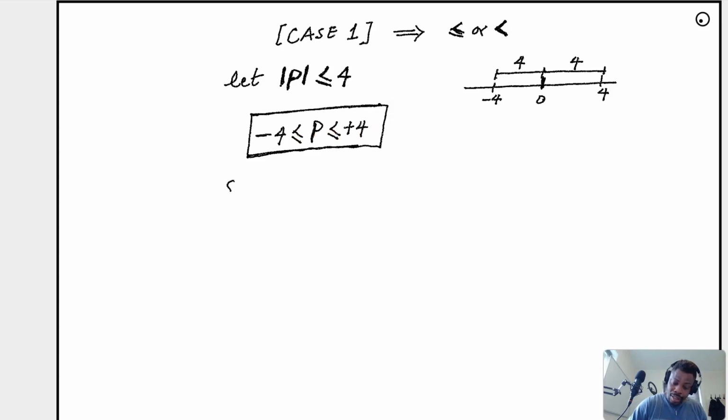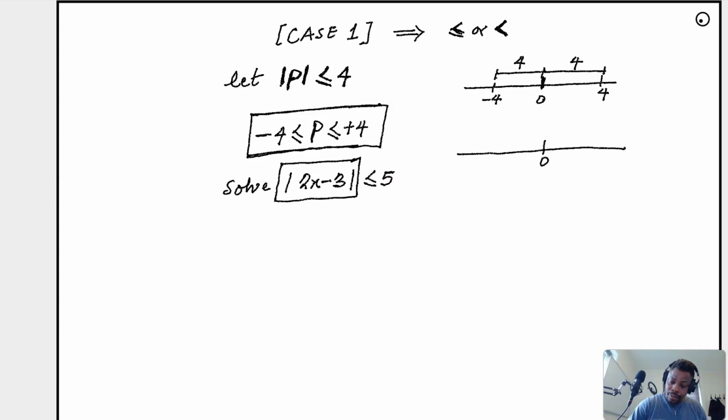So what I'm trying to say is that if you're asked to solve something like this, modulus of 2x minus 3 is less or equals to, let's say, 5. In this case, you already know that this is the modulus given, and the numerical distance from the origin is minus 5 and plus 5, because this is 5 here and this is also 5 here.